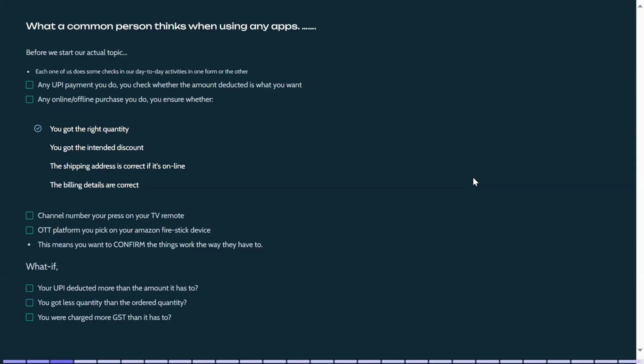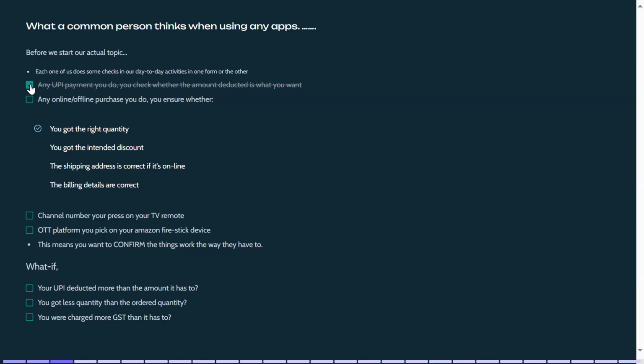In our day-to-day activities, we naturally perform various checks to confirm that everything works as it should. Let's say, for example, the first one, UPI payments. When you make any UPI payment, you quickly verify, that means you check whether the deducted amount matches what you intended to pay, right?